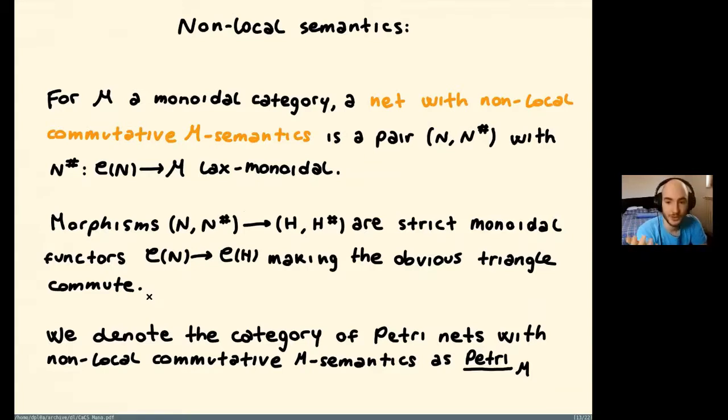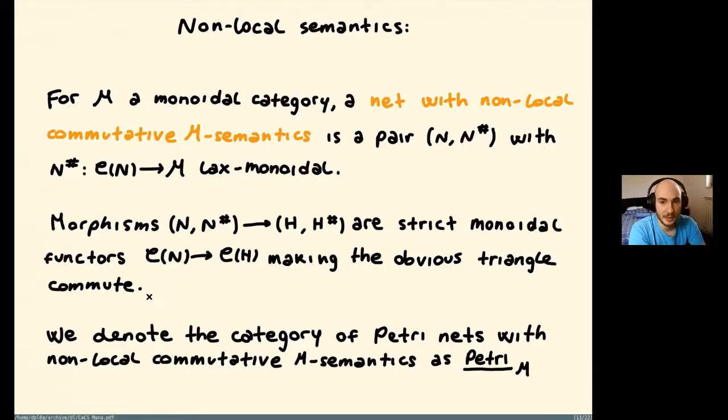You just take a monoidal category M, and a net with non-local commutative M semantics, sorry if that's a mouthful, is just a pair of a net and a lax monoidal functor from its category of executions to M. And if you have two nets with non-local commutative M semantics, a morphism between them is just a strict monoidal functor from their categories of executions that makes the obvious triangle commute.